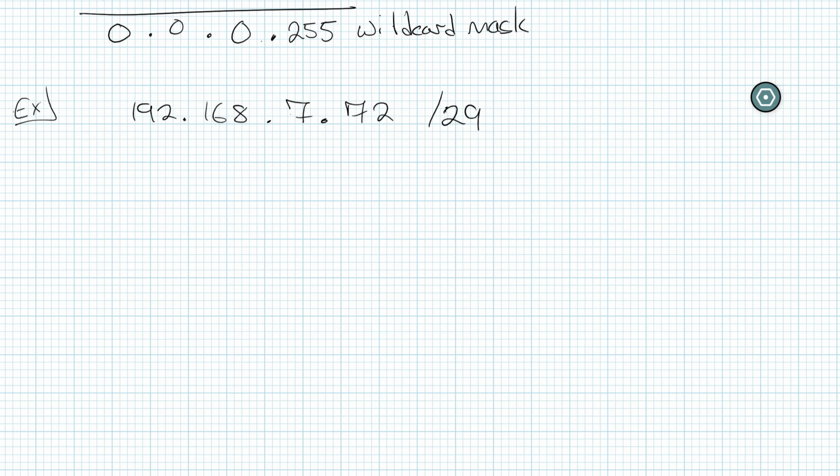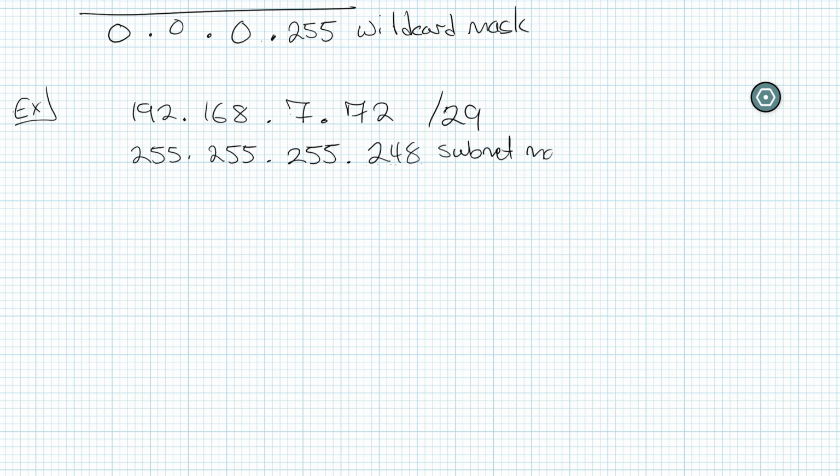The /29 subnet mask is actually going to need us to mask 1, 2, 3, 4, 5. So that's 25, 26, 27, 28, 29, and 3 zeros, which nicely converts to a subnet mask of 248. So I'm going to get rid of that and replace it with a 248. So 255.255.255.248 is our subnet mask.